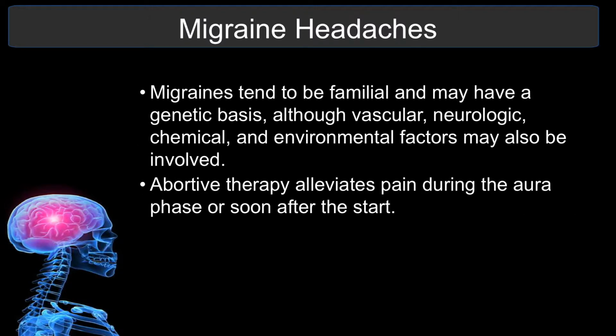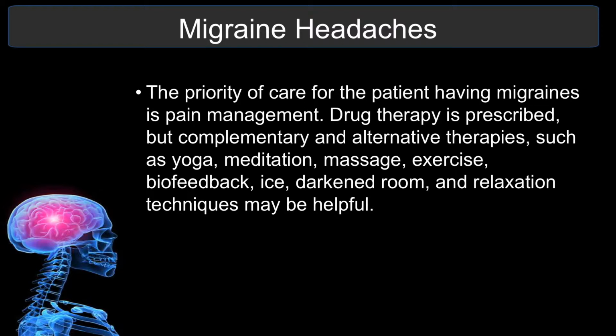Migraine headaches tend to run in the family and probably have a genetic basis, although vascular, neurologic, chemical, and environmental factors may also be involved. Abortive therapy alleviates pain during the aura phase, or soon after the start of the migraine headache. The priority of care for the patient having migraines is pain management.